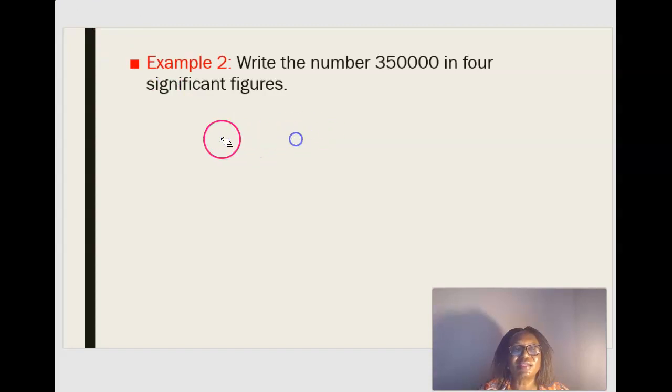So we want to write this number in scientific notation. I'll write the number, then we'll want to convert it to scientific notation. We'll assume that the decimal point is here because this is a whole number. So we want to move the decimal point, but if you notice, the decimal point is moving to the left. So we are going to move 1, 2, 3, 4, 5.